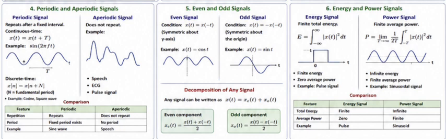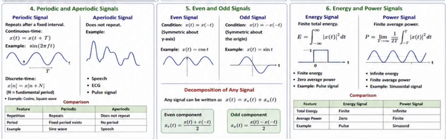The condition for an even signal is x of t equal to x of minus t, which means even after time reversing, the signal will remain the same, right? In case of an odd signal, I can take, for example, x of t equal to sine t. In that case, if I time reverse, the signal will not remain the same, okay?